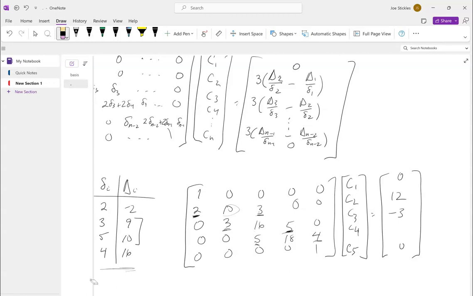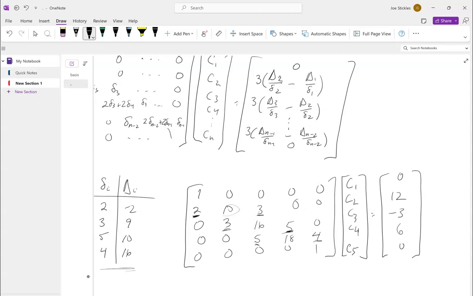Last one. So 4 minus 2 is 2 times 3 gives me 6. I heard you say 6, so I knew I was right when I got to the end.